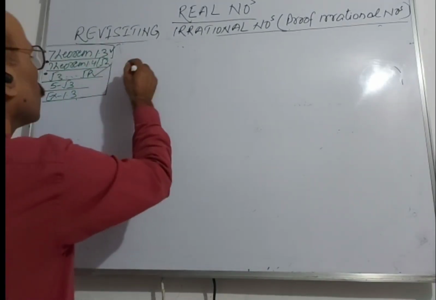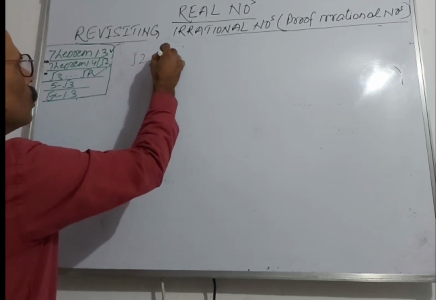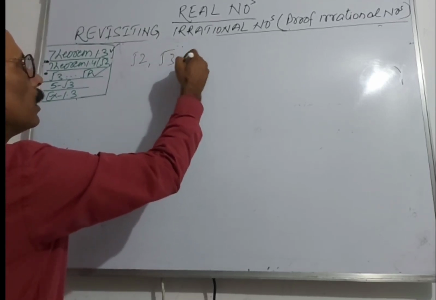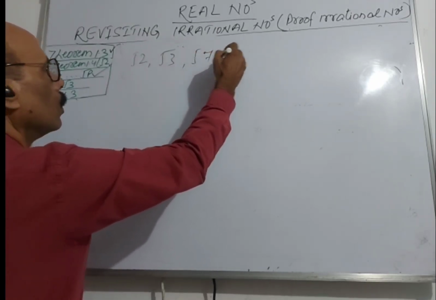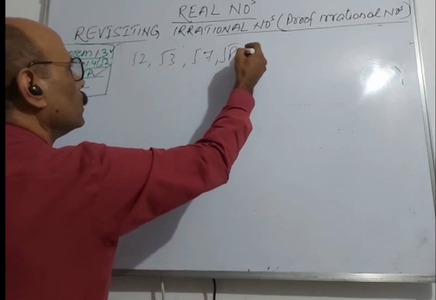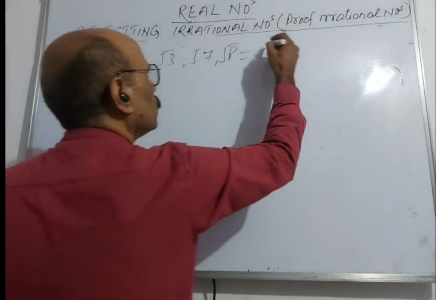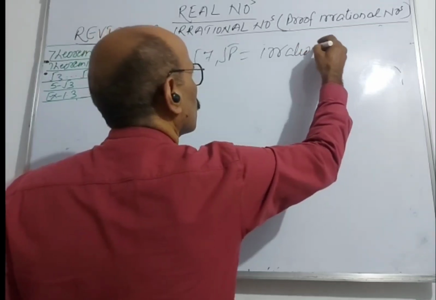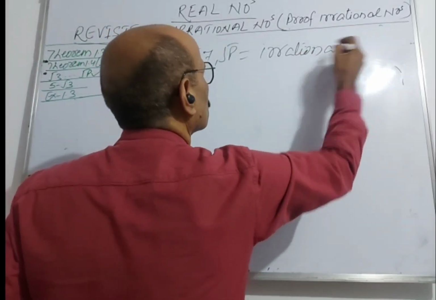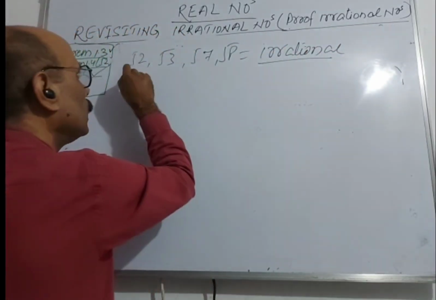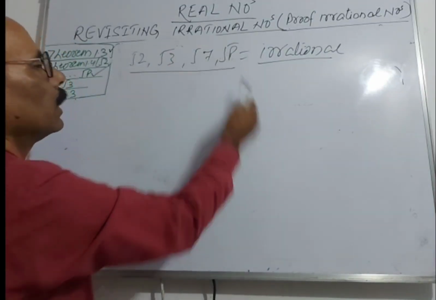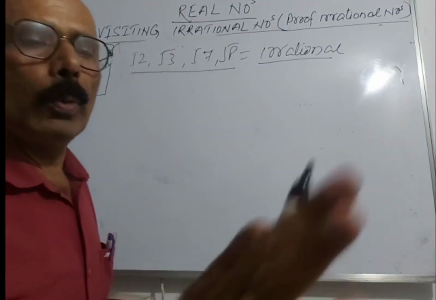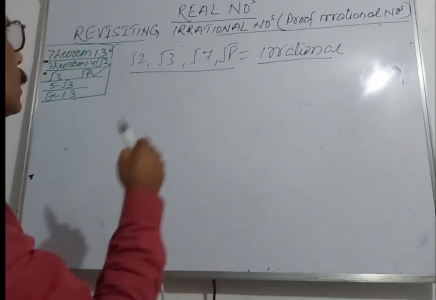So like this, with this theorem, root 2, root 3, any prime number under root p is irrational. This is proved. Then we can use these numbers as a proof of certain irrational numbers.